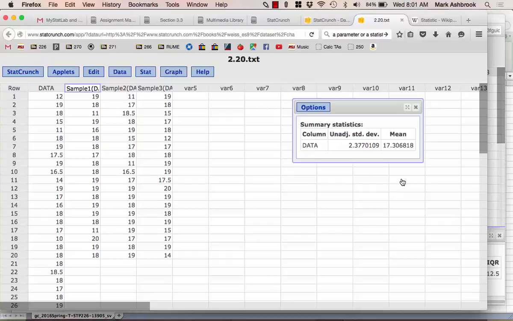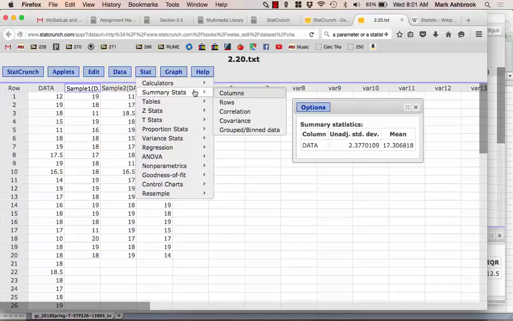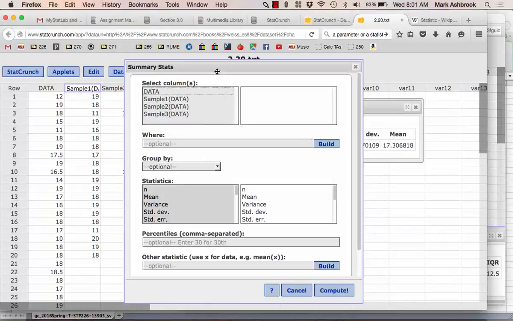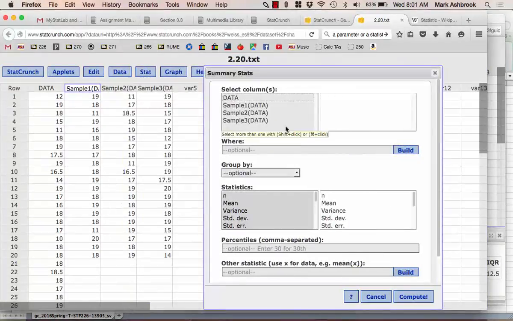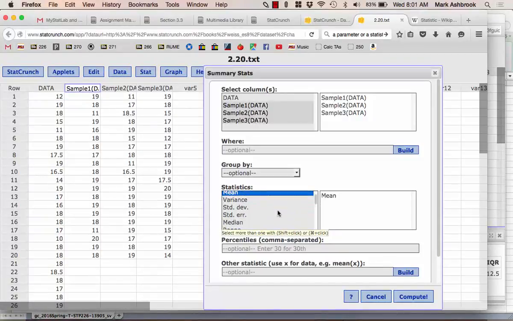So now let's start with these 3 samples. For these 3 samples, would it make sense to look at unadjusted? So summary stats, columns. I'm going to do those 3 data sets now, the samples of size 20. I'll do the mean. Does it make sense to do the standard deviation or the unadjusted standard deviation? Does the unadjusted standard deviation have a meaning for these samples?